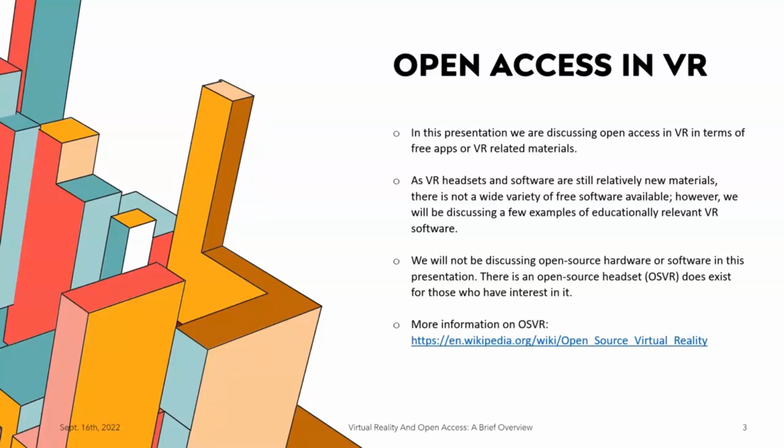For example, we are going to look into free software rather than programs that one can edit in terms of open source code. So I wanted to make a distinction regarding open access versus open source. There are open source materials within virtual reality, but today we're going to predominantly look at unpaid or free resources that can be used with virtual reality equipment.